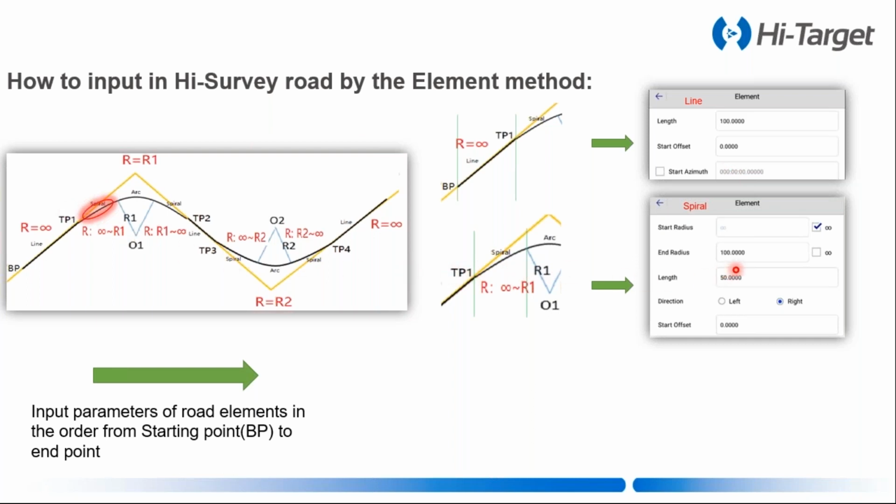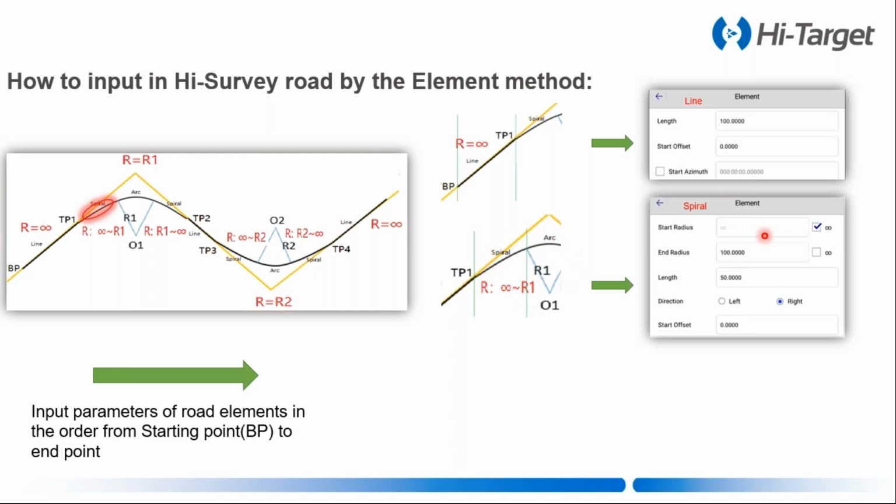For the spiral curve, you can see the start radius is checked as infinity automatically by the software, because the radius of the spiral curve changes from infinity to this R1, the radius of this circular curve.